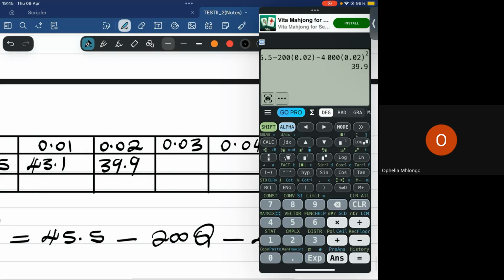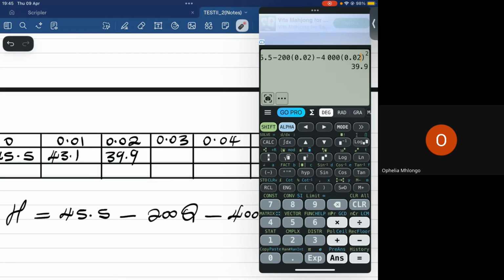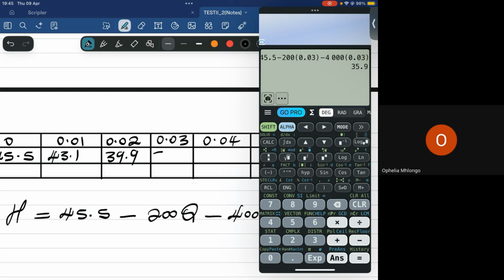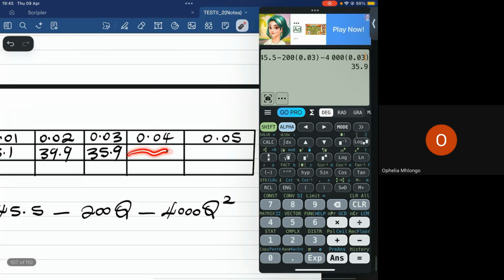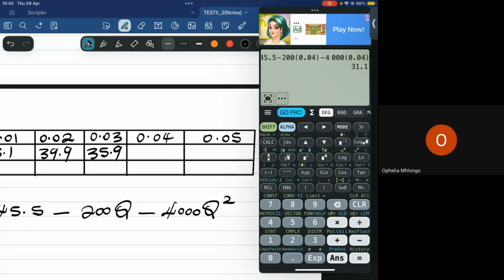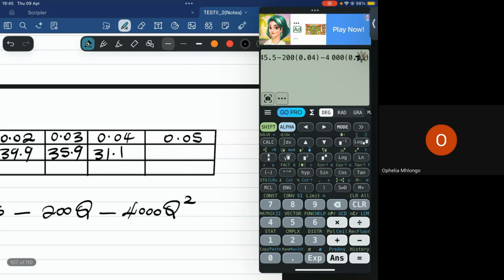The reading here will be equal to 35.9, since the volumetric flow rate is 0.03. Since the volumetric flow rate here is 0.04, the reading for head will be equal to 31.1 meters. And lastly, the volumetric flow rate is 0.05, so that will be equal to 25.5.